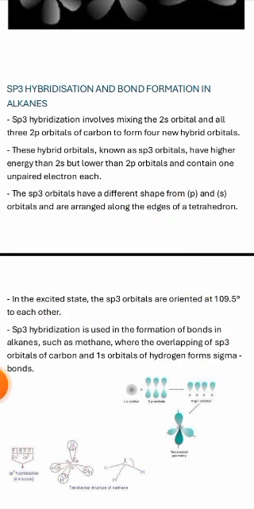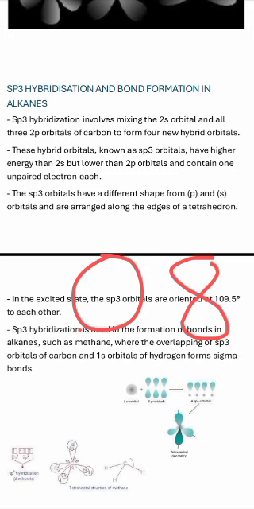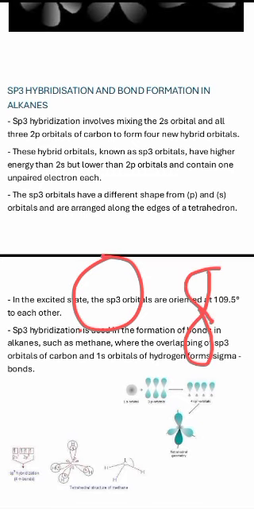Now move on to the next concept. The sp3 orbitals have a different shape from the p and s orbitals. Yes, the s orbital has a spherical shape and the p orbital has this dumbbell shape. So when they mix together, they form something like this, but in most diagrams they will just make it simple, something like this.